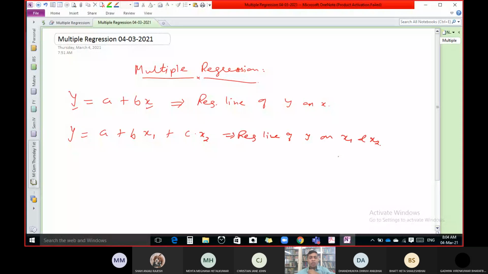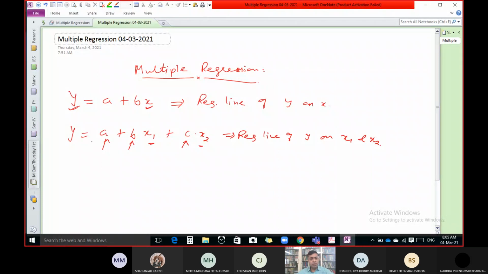Here x1 and x2 are two independent variables and y depends on x1 and x2. Now if we know the values of a, b and c, then on the basis of the given values of x1 and x2, we are able to predict the value of y, that is the estimated value of y. So instead of two variables x and y, now we have three variables: x1, x2 and y.